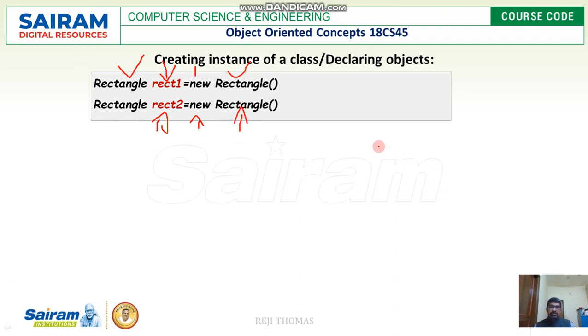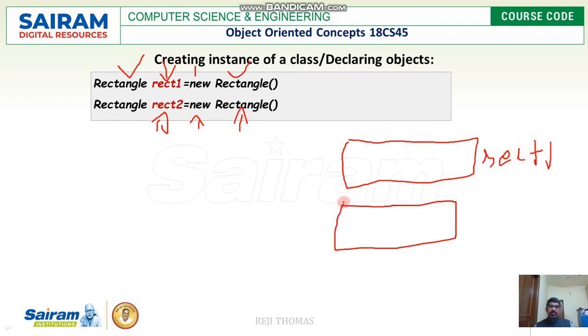When I do this, please remember I'll be getting space for two objects. So this is going to be my rect1. I'll have space for my second object. This is my rect2.